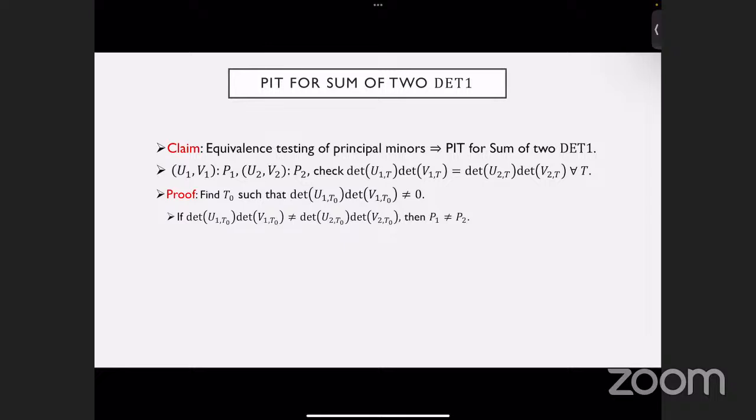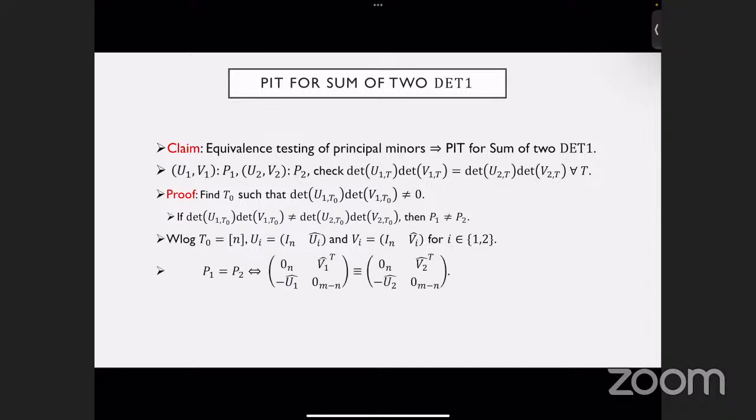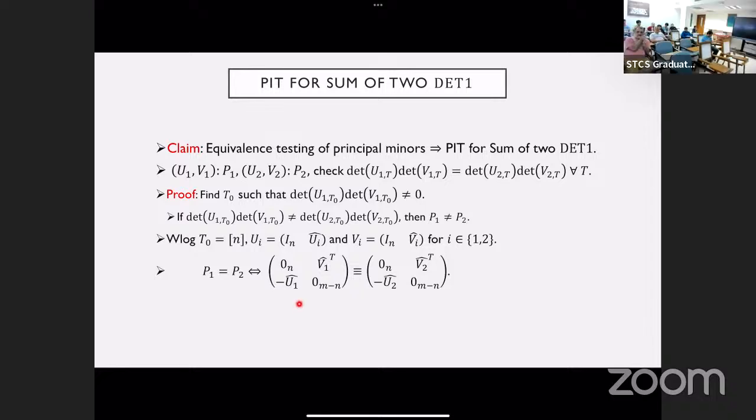And suppose we find that they are the same, then without loss of generality, we can assume that the submatrix corresponding to the subset T naught is the identity matrix for U1, V1 and U2, V2. And hence we can write Ui as something like this, and Vi as this, for i belonging to 1 and 2. And now it can be shown that P1 is equal to P2 if and only if this M cross M. I'm getting confused.